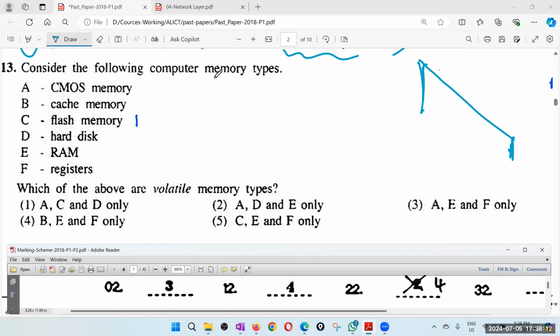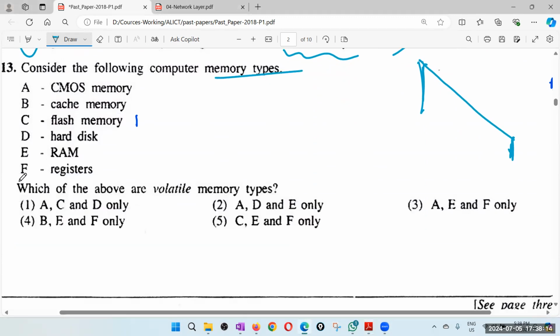11. Consider the following computer memory types. Just read the question first, rather than reading this. Which of the above are volatile memory types? That is super easy. I thought volatile means when the main power supply is disconnected or switched off, the content remains, the content does not vanish. CMOS memory, yes. Firmware, there's a small battery for that.